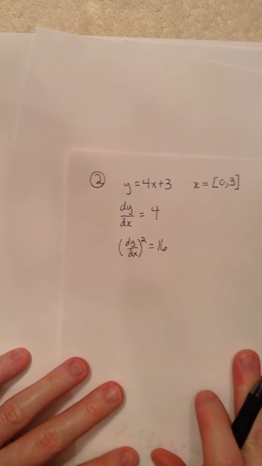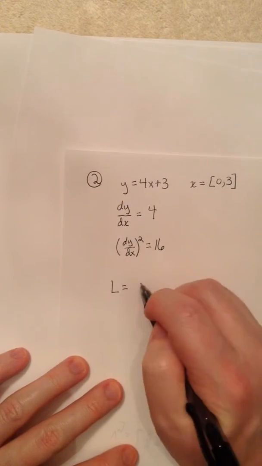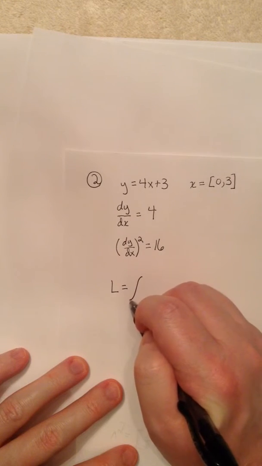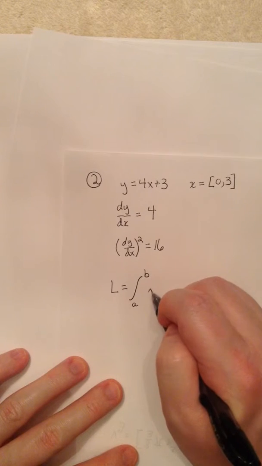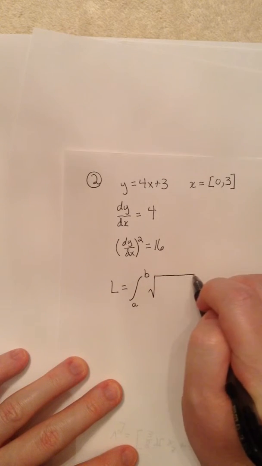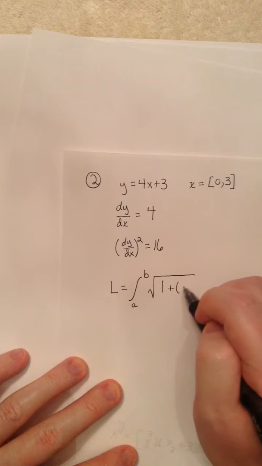Now, in the case of the length of the curve itself, again, we're going from point A to point B, and we're looking at the square root of 1 plus the square of the derivative.